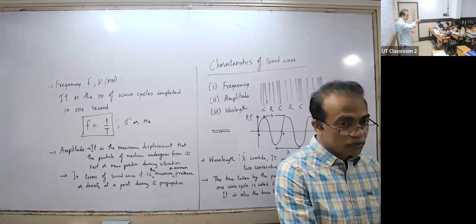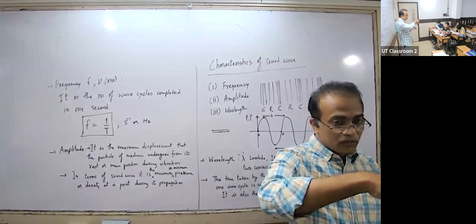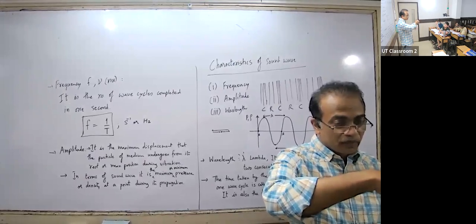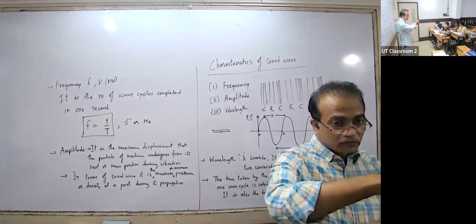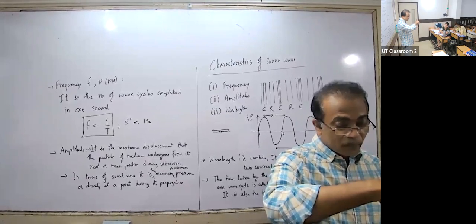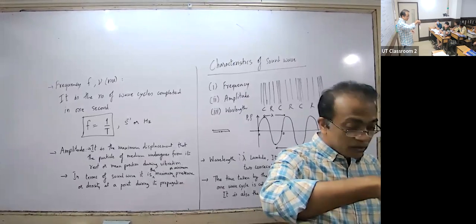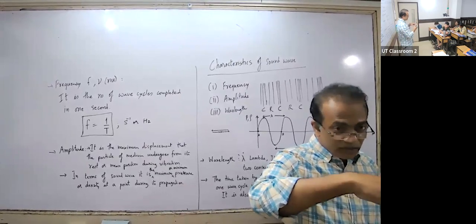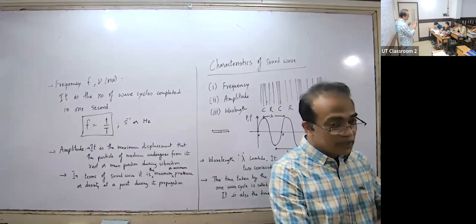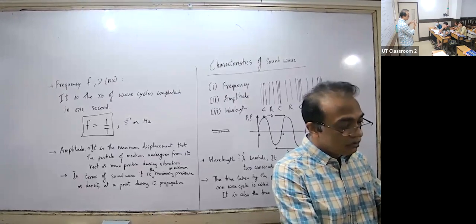This is due to inertia. So the medium also should have inertia, and it should have less friction. Got it? Since it is elastic, the air molecule which was resting will now start vibrating. The farther it goes, that is the amplitude.